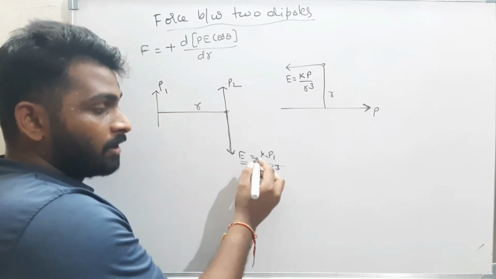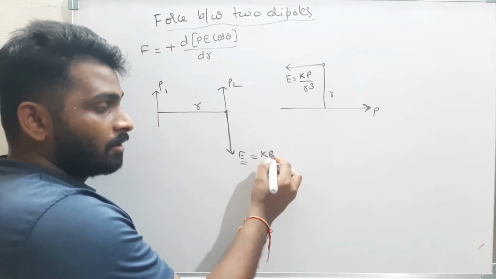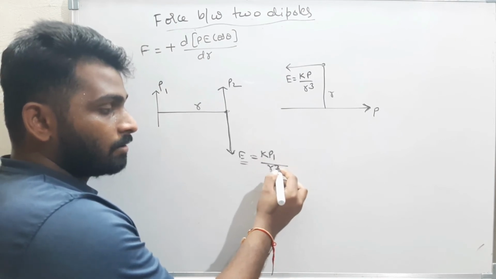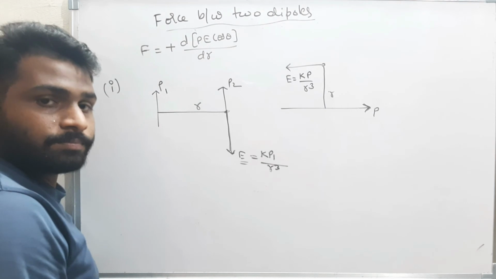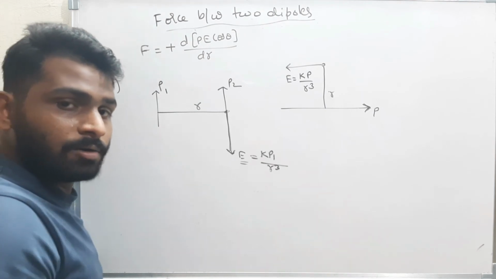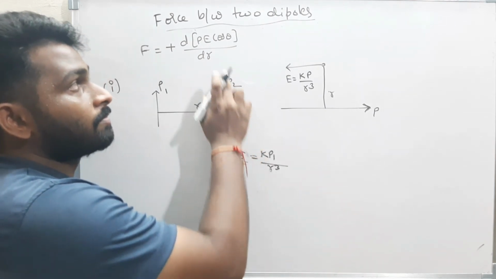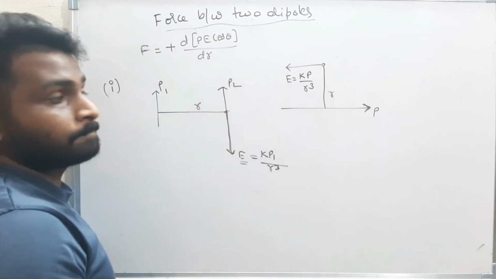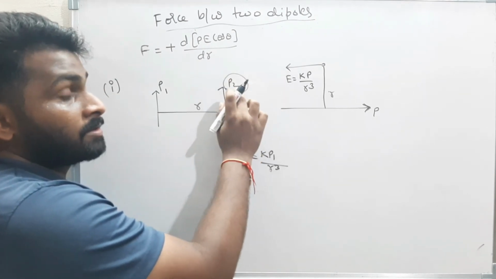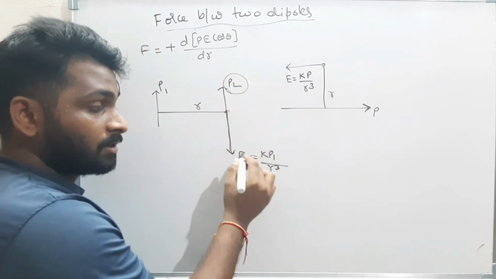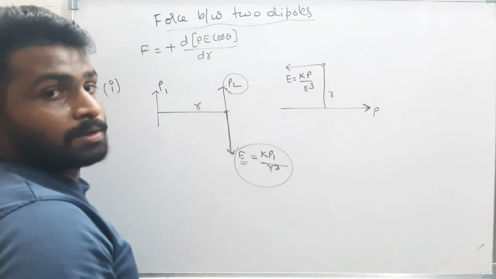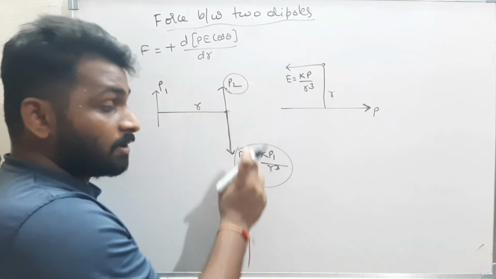The field is kP1 by r cube. Now this dipole P2 is present in this electric field.